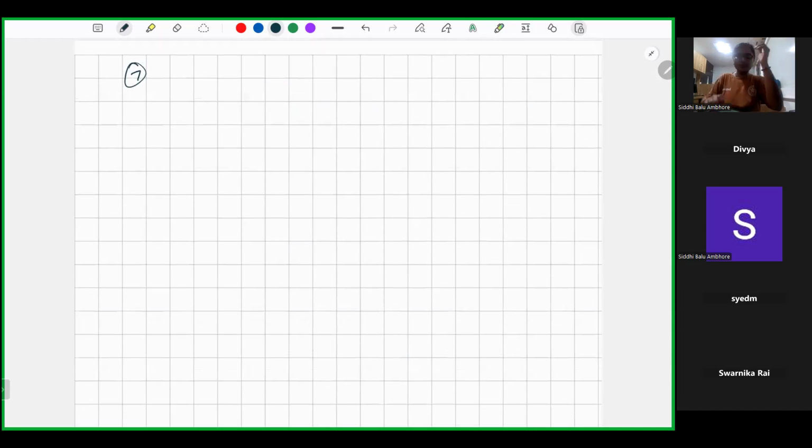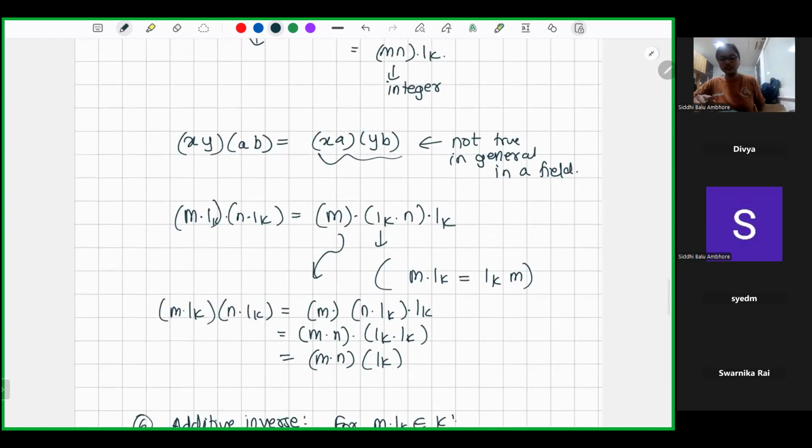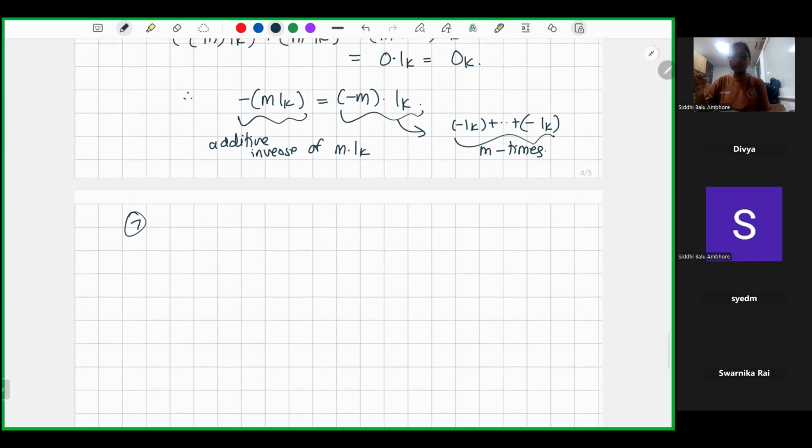Okay, so now the seventh one is the important property which we actually need to check. The addition, multiplication and all those things are inherited because k is a field, and all the addition properties are followed because we are only having integer addition of 1k. But now this is something non-trivial which we will be proving for this question: the inverse of non-zero elements.